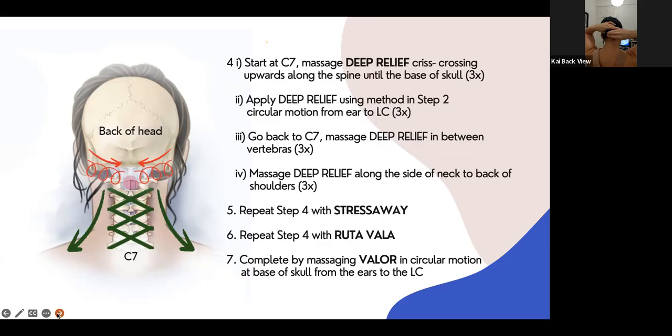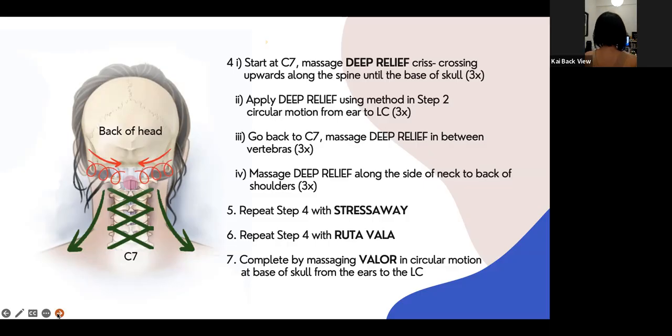Start your palm at the base, where the bone is. 1 palm, 2 palm. That's where your C7 is. What you're going to do is apply the next oil, deep relief, at the side of the neck, coming down to where C7 is. You can apply it beside the spine and also at the side of the neck.